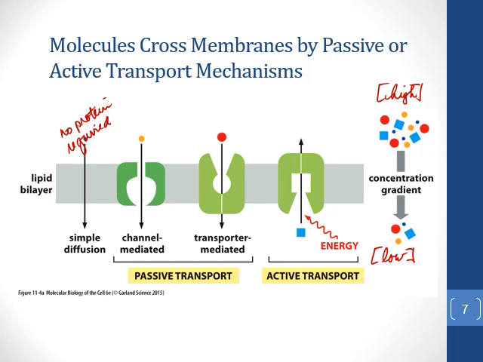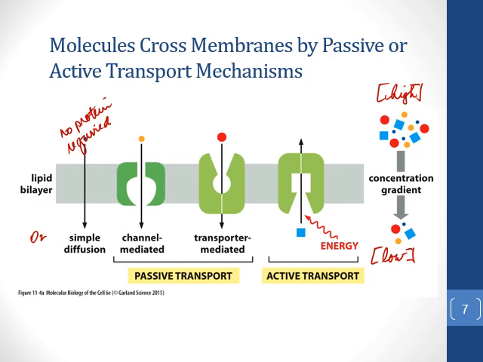Now, this is telling us that things tend to move down their concentration gradient. So if they move down their concentration gradient, then what does that tell us? Well, they could move down their concentration gradient without a protein. That would be called simple diffusion. And that's going to be things with a high permeability coefficient, things like oxygen.